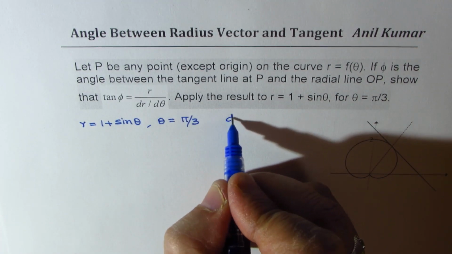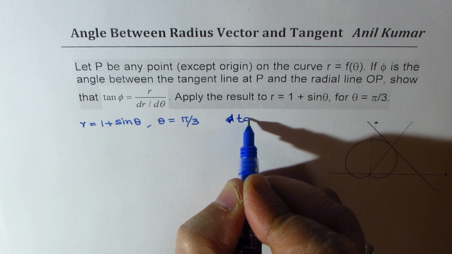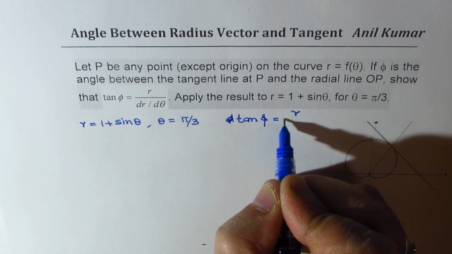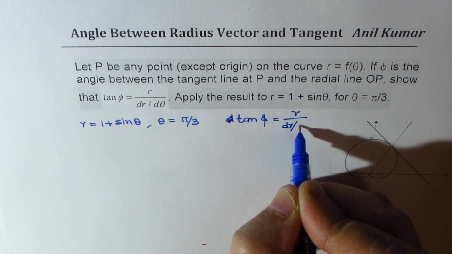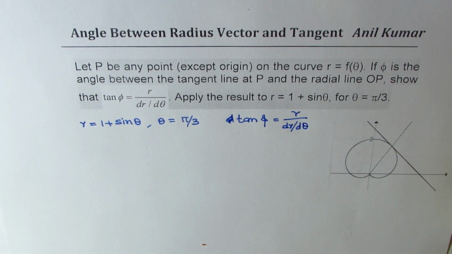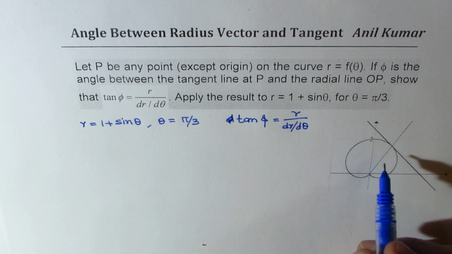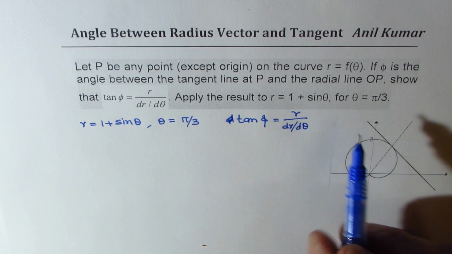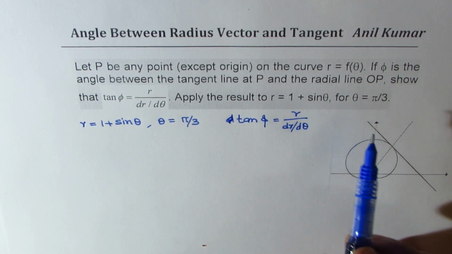We know that tan phi is equal to r over dr d theta. Now here is the polar diagram for the function.